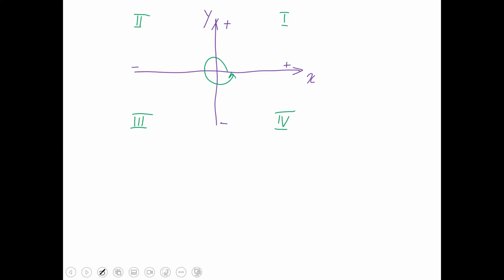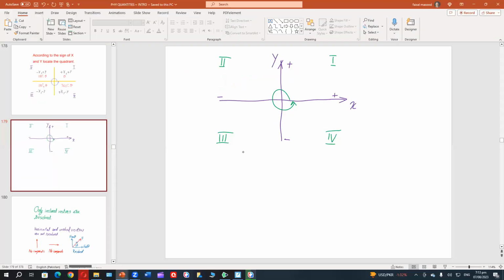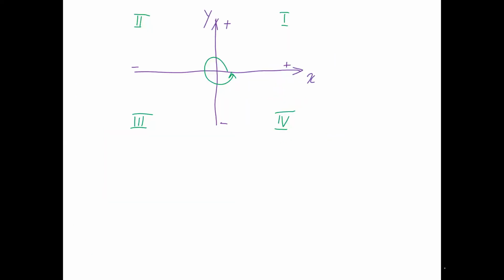I'm giving you a point 2, 3. Where will it go? It's 1, 2, 3, 4. So yeah, 2, 3 will be in the first quadrant.